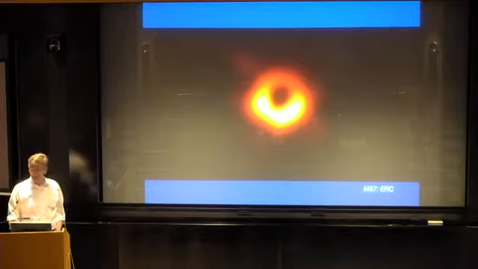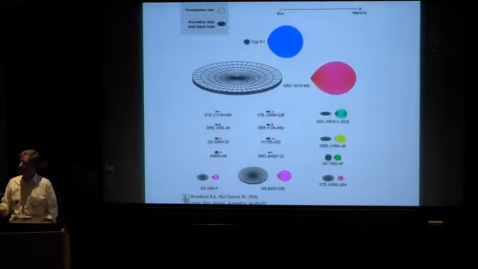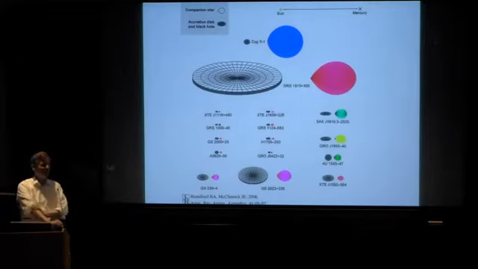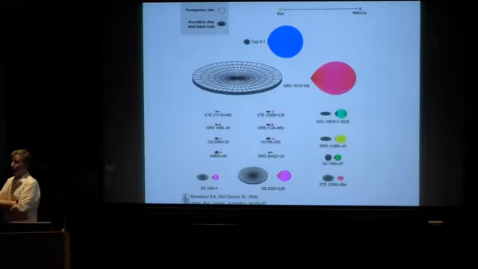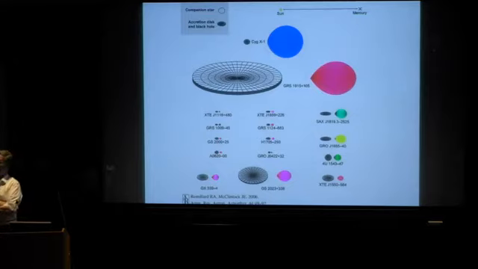I don't want to leave out the stellar mass black holes. This is a famous old image of a set of accreting stellar mass black holes in our galaxy. We see these black holes because they're in binary systems, and their companion is an ordinary star that's losing mass, and the black hole is capturing this mass and then radiating as the plasma accretes onto the black hole.